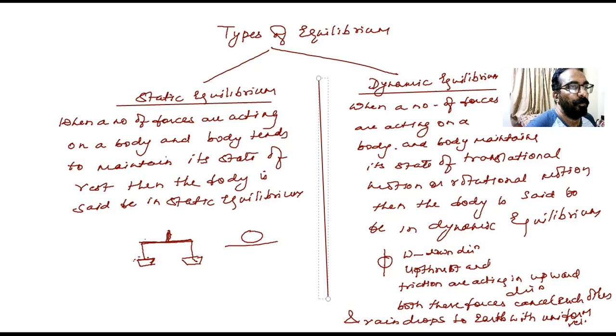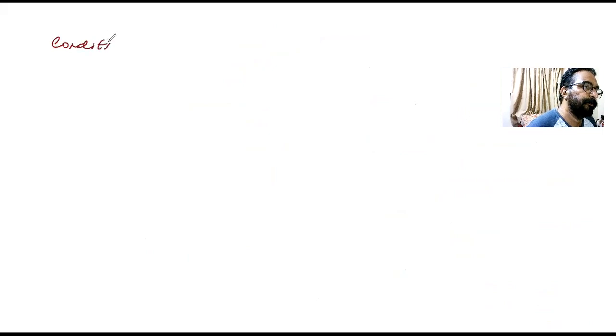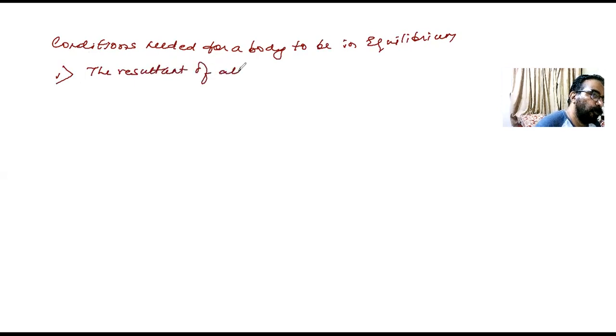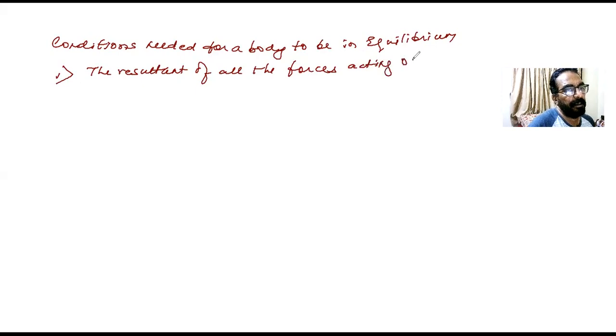From here we realize one very important thing. The conditions needed for a body to be in equilibrium: the first one, the resultant of all the forces acting on a body should be zero, literally zero.